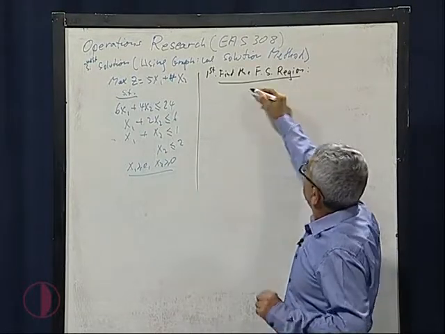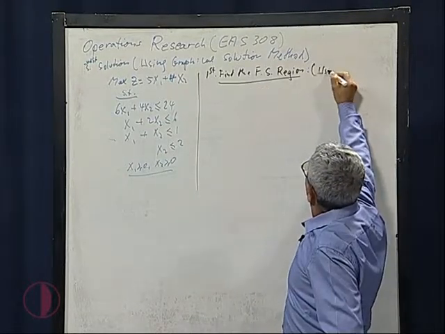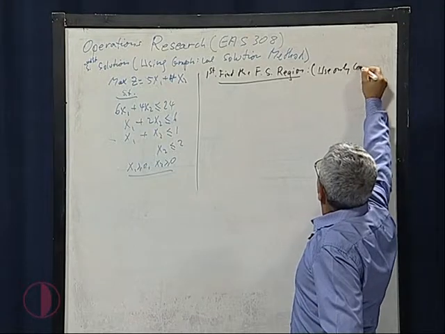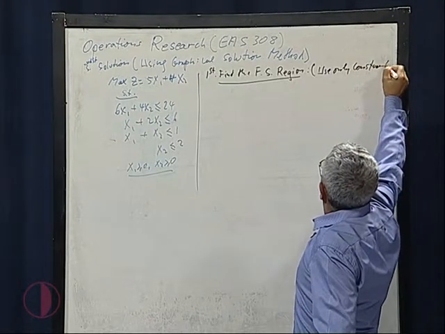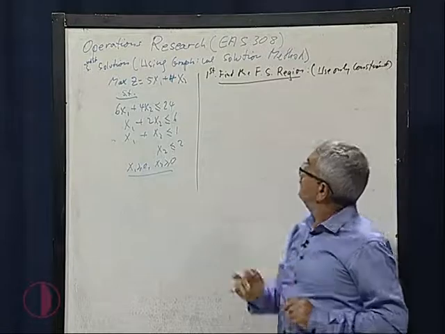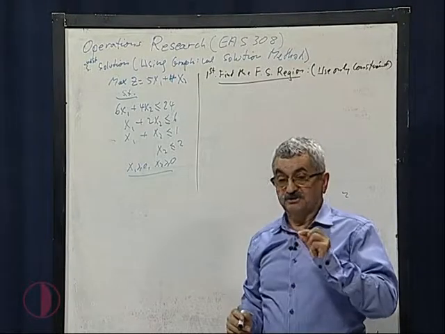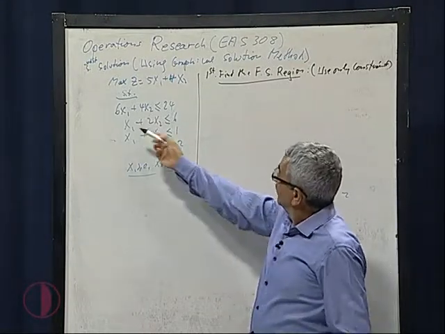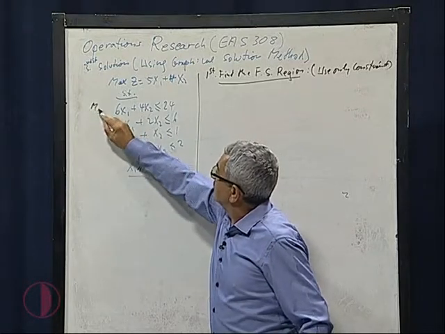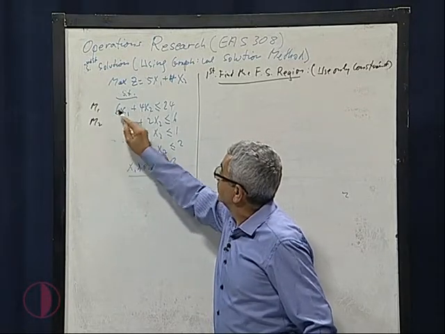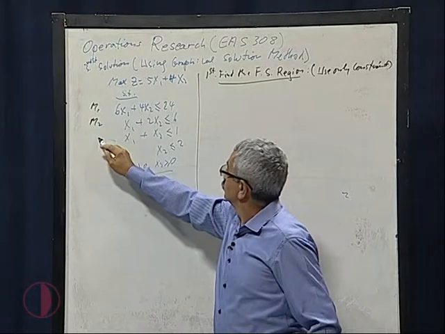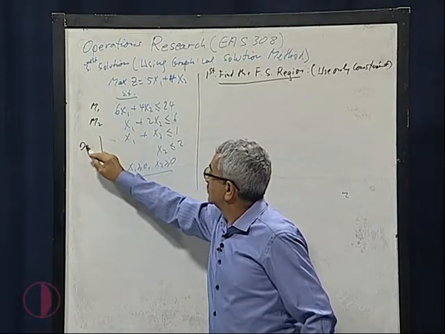We are going to use only constraints to find all the feasible solutions. You remember that one is the raw material M1, that is raw material M2, this constraint. These two are the demand constraints.